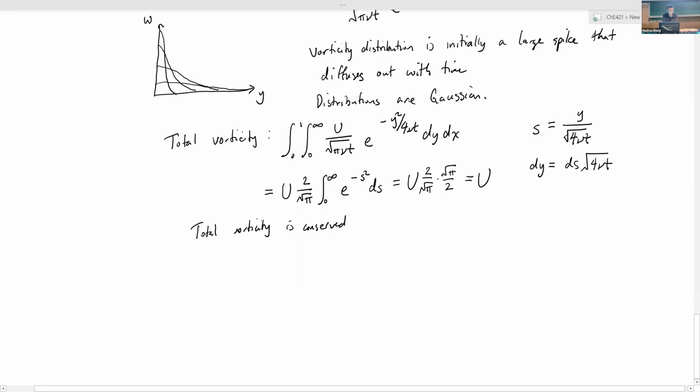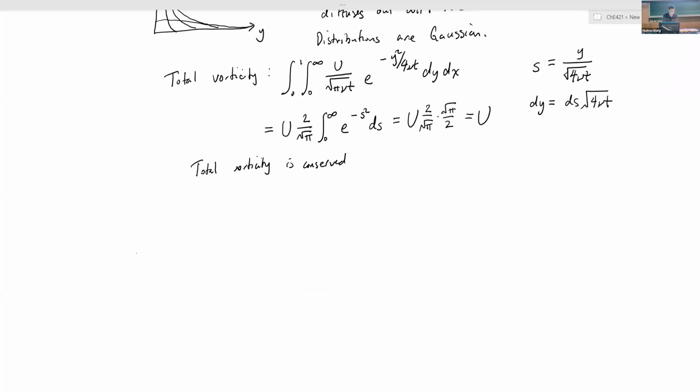And so if I strategically draw my surface here, here's my little plate. Remember, at time t equals 0, this plate suddenly starts moving to the right.